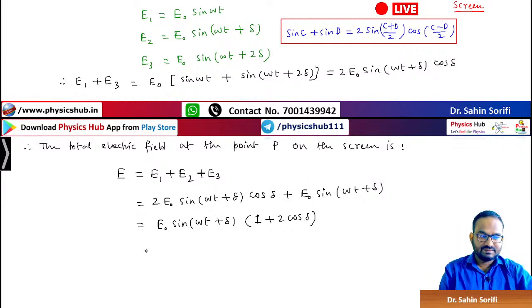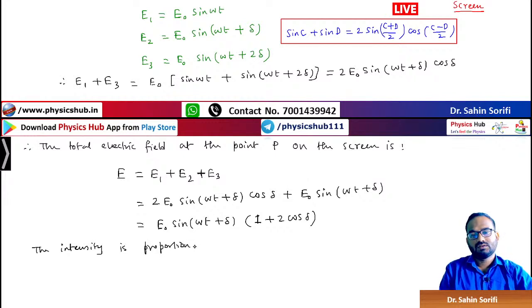Now, since the intensity is proportional to the square of the electric field, the intensity is proportional to the average of E square.